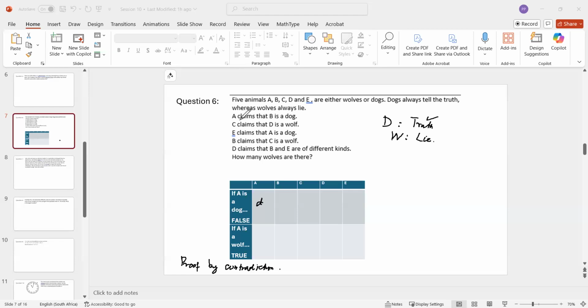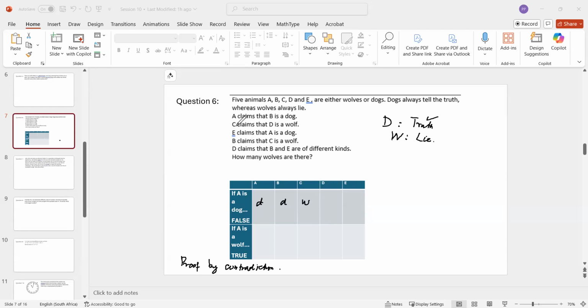And A claims that B is a dog. So A speaks the truth, so B is a dog. Now let's see what B says. B also speaks the truth. B says C is a wolf. And B is speaking the truth because we came to the conclusion that B is a dog. So that's true. C is a wolf.